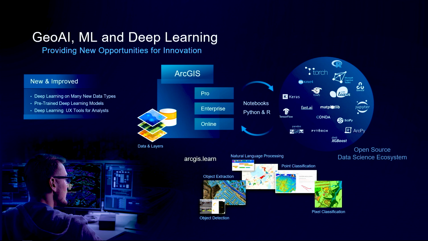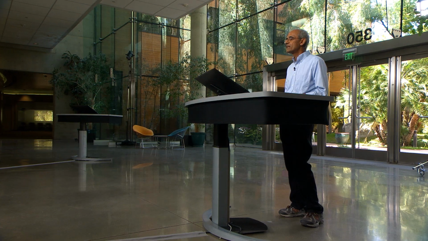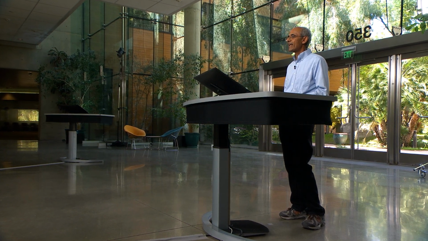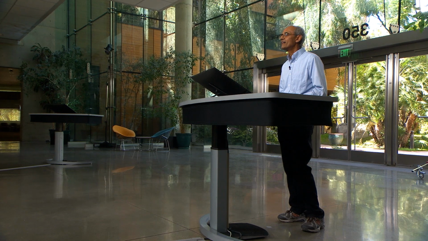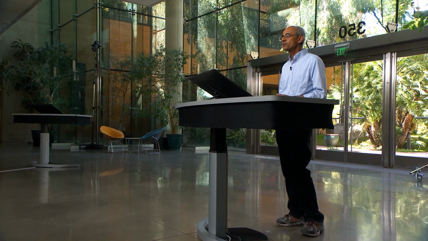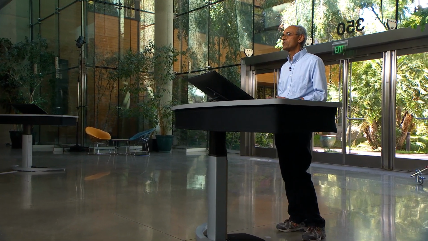This includes keeping pace with the rapid advances in deep learning in areas like object detection and semantic segmentation, on RGB as well as multispectral imagery, as well as point clouds and meshes. It has included creating and making available pre-trained models for common tasks like building footprint extraction and land cover classification. These are available for immediate use or with further retraining on your data.